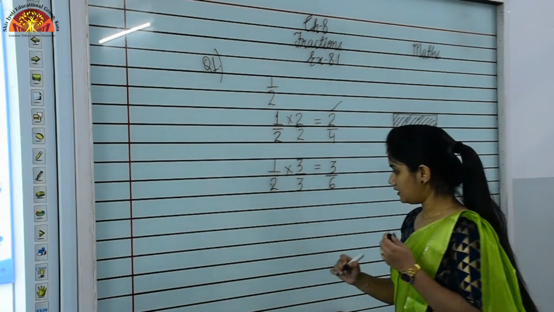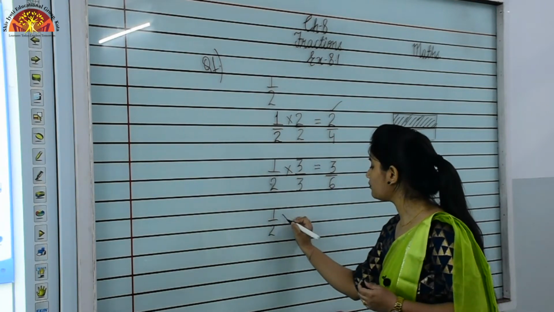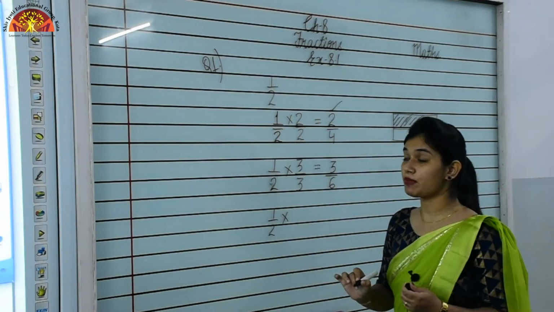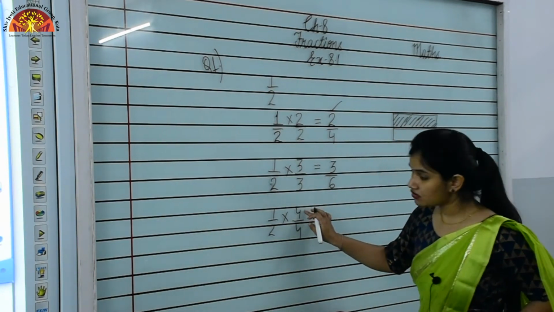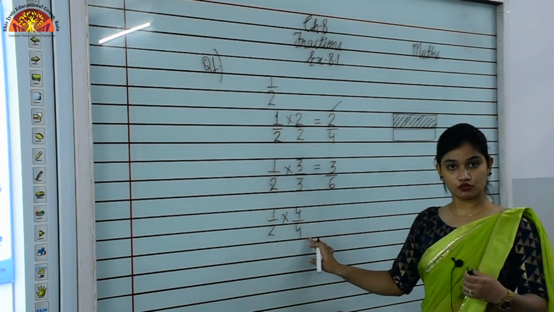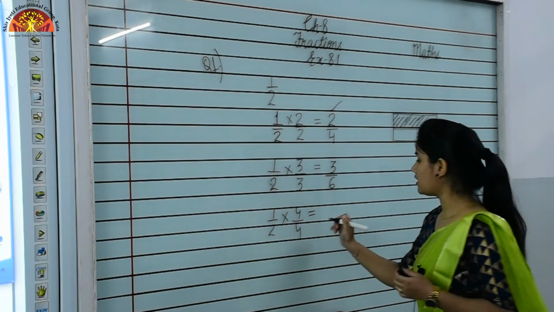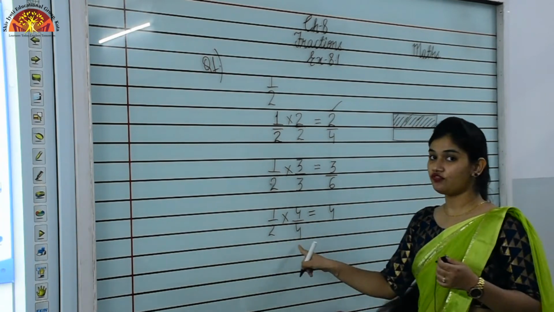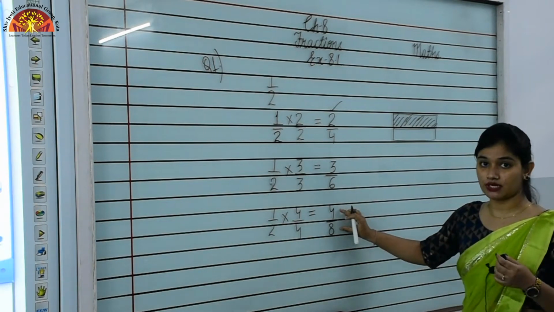Is it clear? Now again I am taking the same fraction and this time I am multiplying it by 4. So 4 upon 4. In the numerator also, in the denominator also, I have to multiply by 4. So 4 1s are 4 and 2 4s are 8. So the fraction is 4 upon 8.